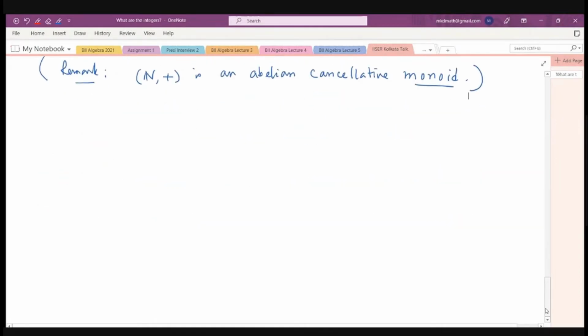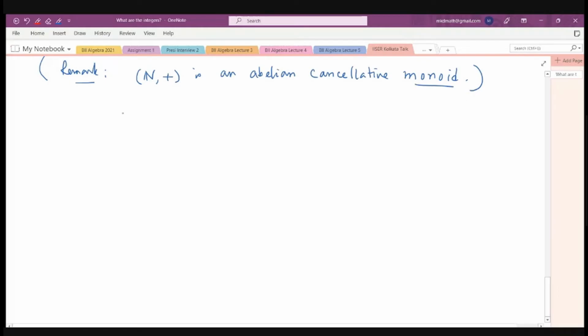Now you have a set equipped with addition, so an algebraic structure, and one way of looking at it is to try solving equations. You would like to solve equations in this framework.